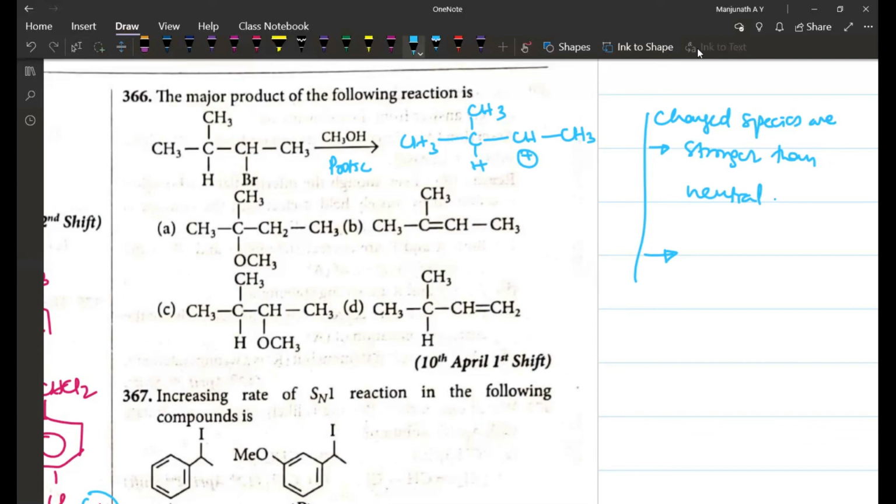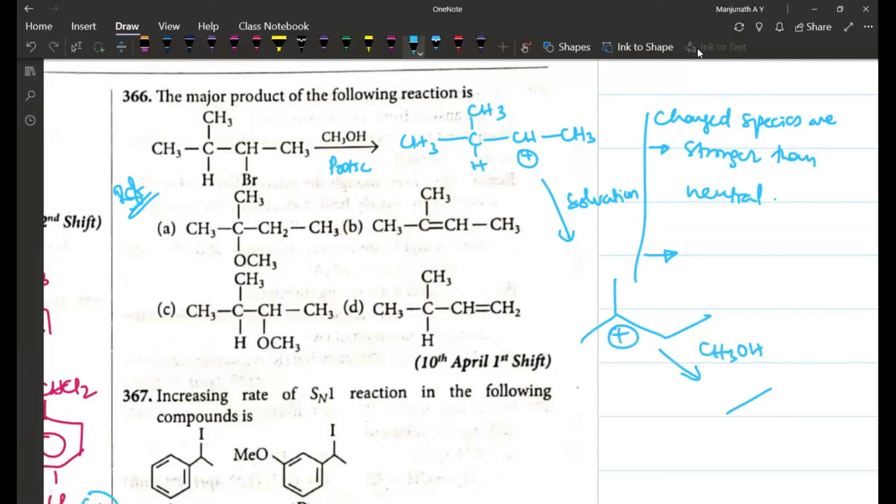So it forms carbocation, but later on it is going to undergo solvation. And here there is a rearrangement. Some students ask me, where do we get question on rearrangement? Look at this. This is the question on rearrangement. The moment you have carbocation formed, then there should be stable carbocation formed. This will be the stable carbocation, followed by solvation by methanol.